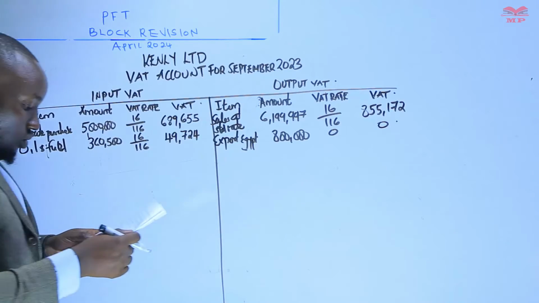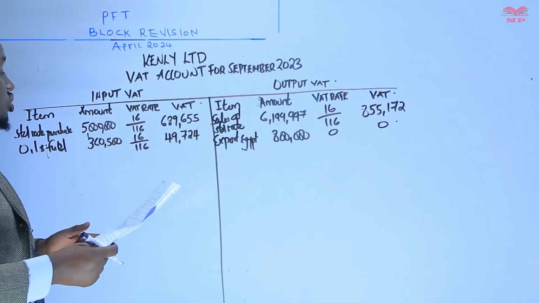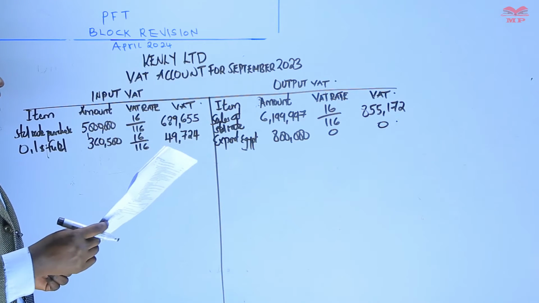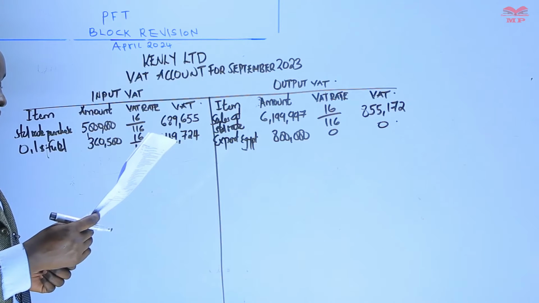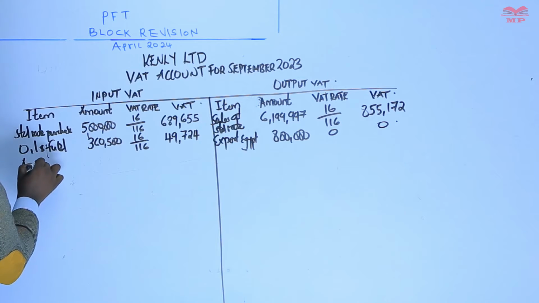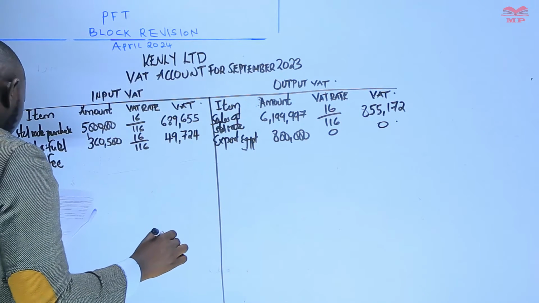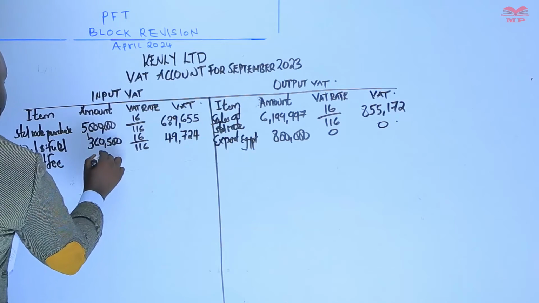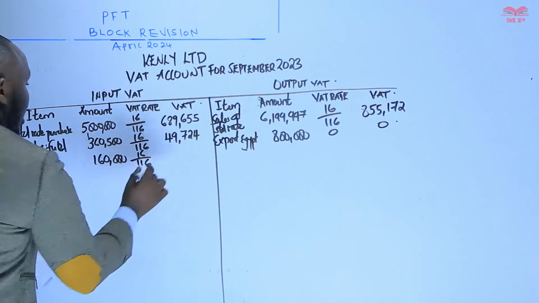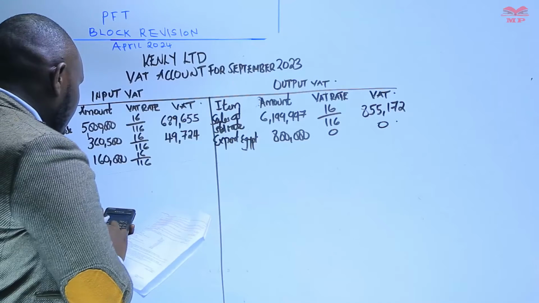We have purchase of office furniture. For the office furniture, additional information number 6, they were done by a carpenter not registered for VAT. Then we move to audit fee, which is an input. Audit fee is 160,000.